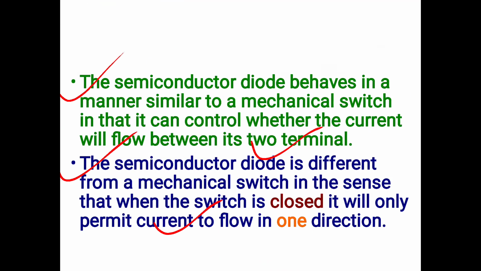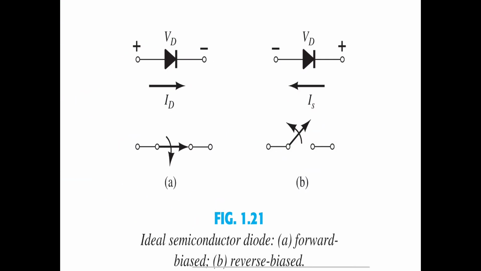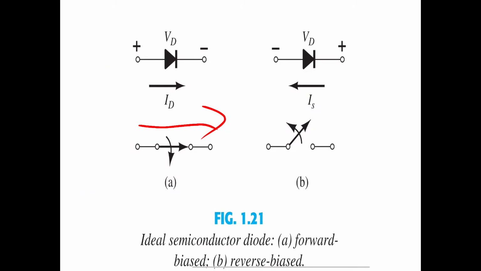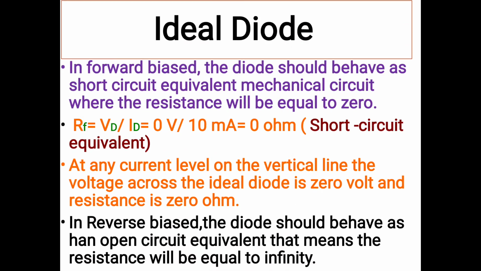So in case of the closed switch, the semiconductor diode will only allow the current to flow in this direction. This is the difference between the mechanical switch and the semiconductor diode.